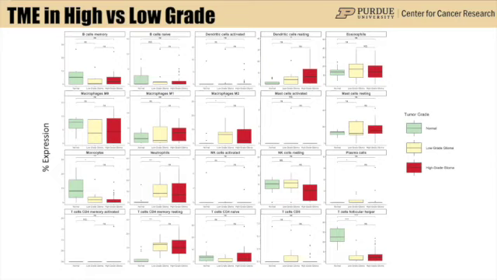And so we ran the tool CIBERSORT, which will estimate the proportion of various immune cells in your data based on RNA sequencing. And here, we do see some non-significant differences in B cells.